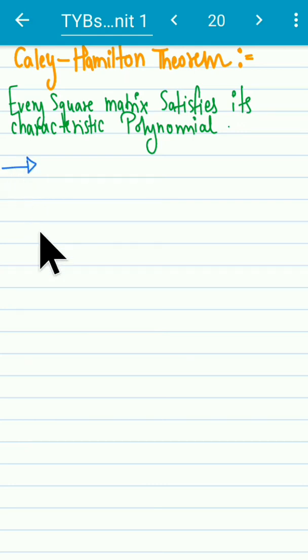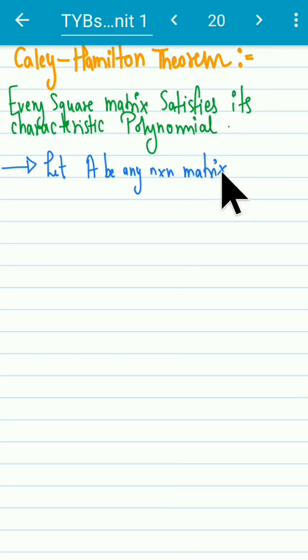So I will start the proof. Let A be any n cross n matrix. It could be over R, it could be over C, I'm not worried about that, but it is any n cross n matrix. Then the characteristic polynomial of A with the variable lambda, what will it be?